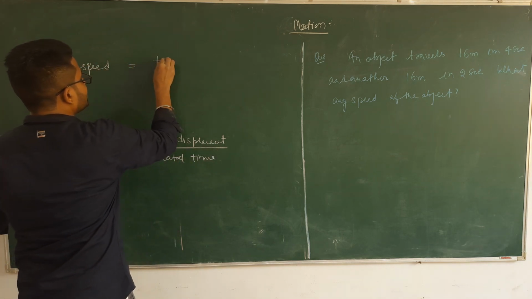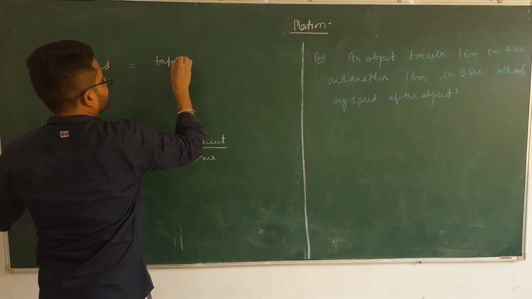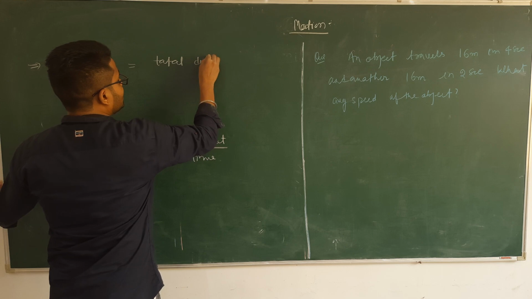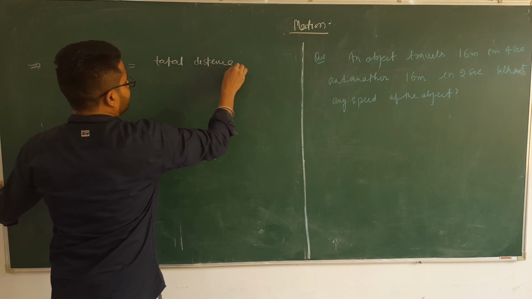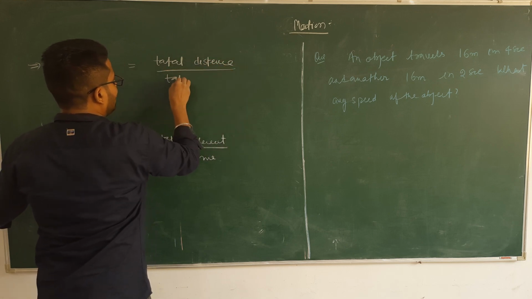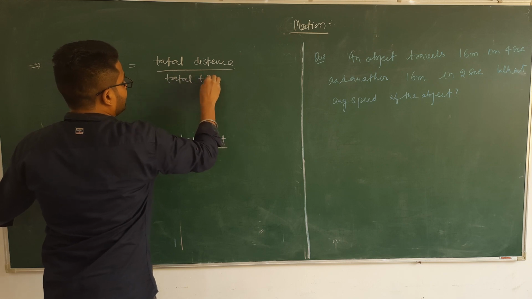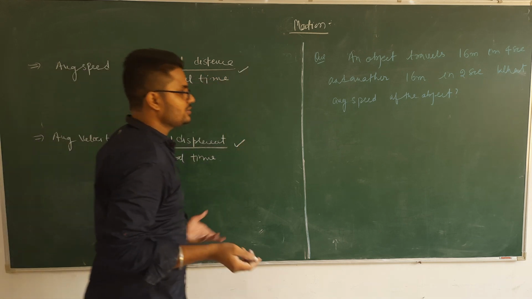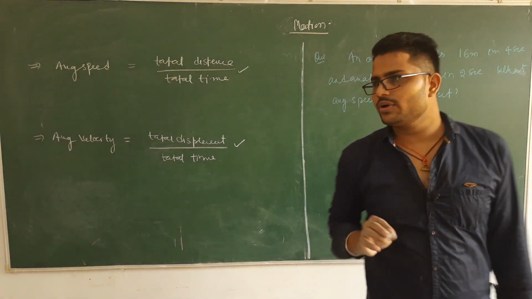What is the average speed? Average speed is total distance divided by total time. These are the formulas of average speed and average velocity, just simple formulas.